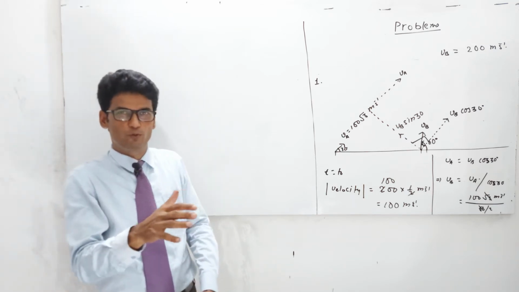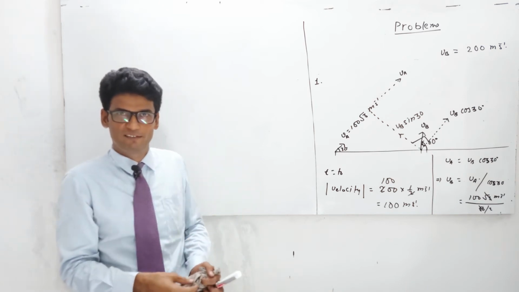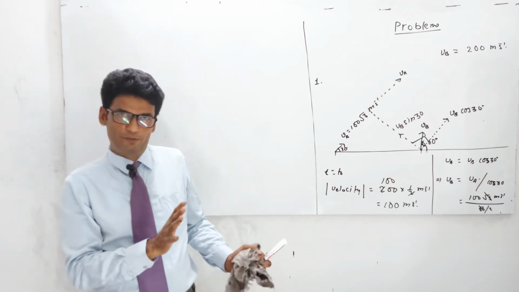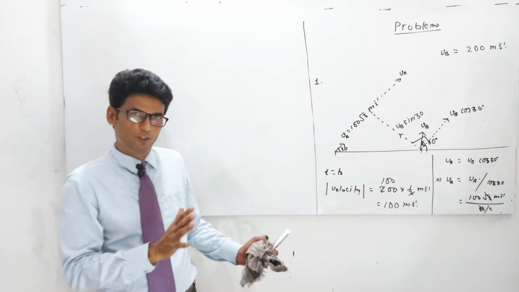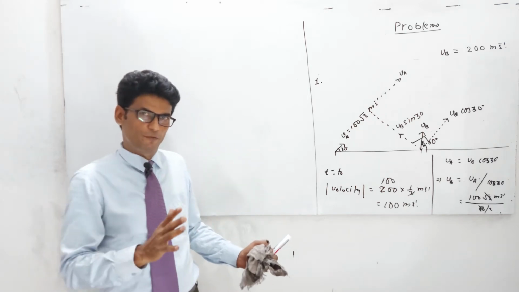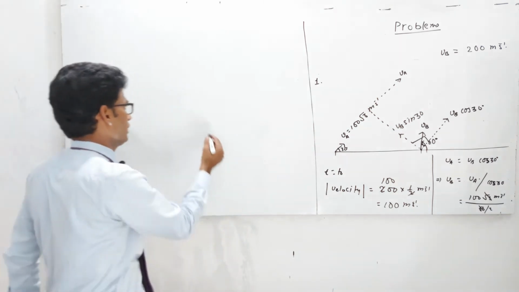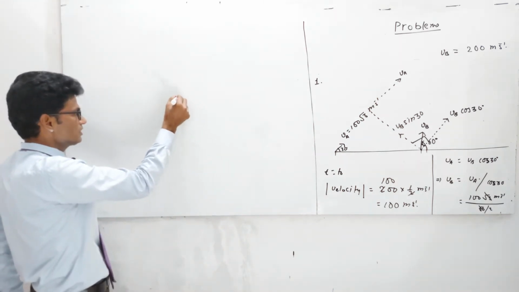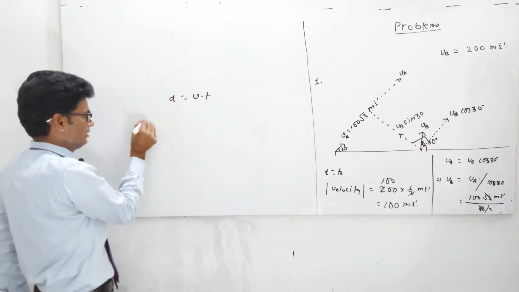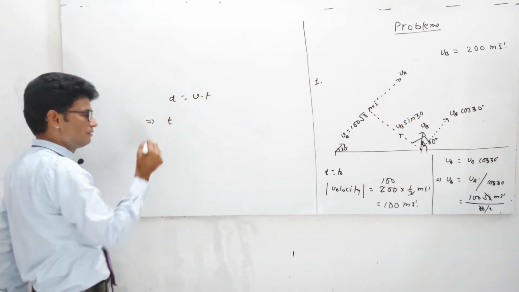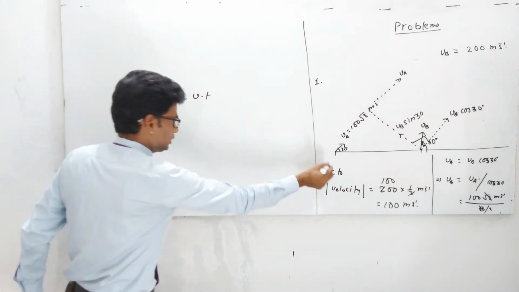Otherwise we have to use x motion or y motion. So in this direction we use distance is equal to speed into time, where t is equal to t0.